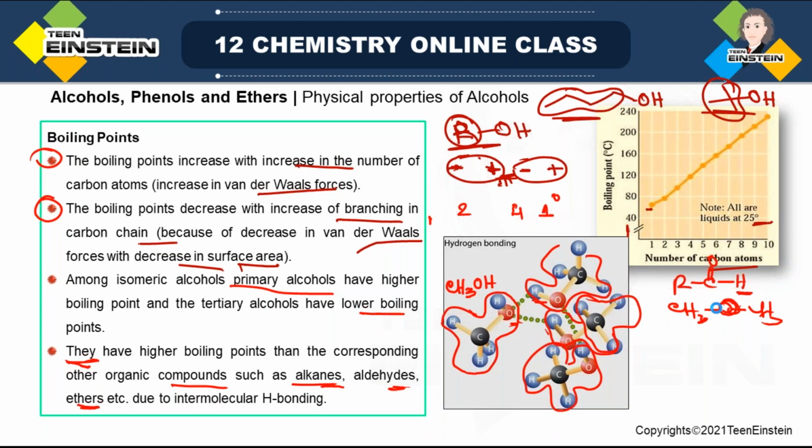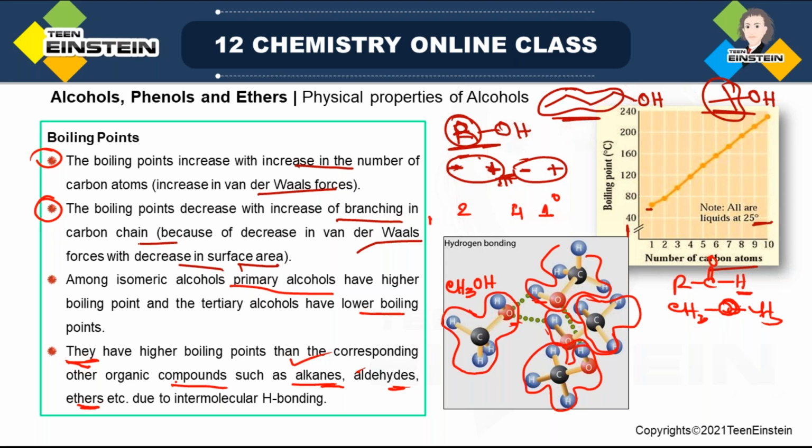So that is why when molar masses are very close, suppose you have taken one alkane molecule, one aldehyde, one ether, and one alcohol, keeping their molar masses very close to each other. Why are we keeping it fixed? Because boiling point is also dependent on molar mass.